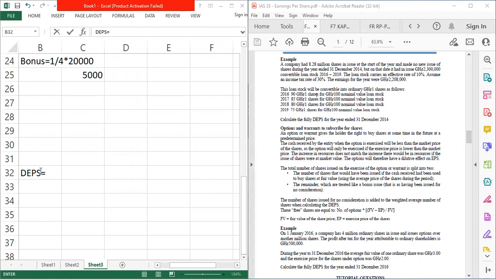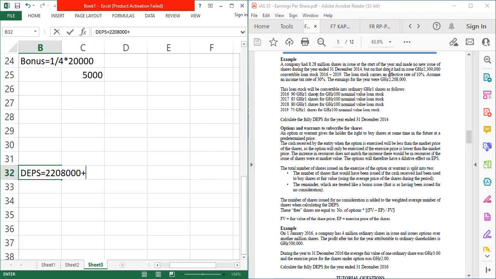Okay. How do we calculate earnings per share? It is the earnings for the year, isn't it? Earnings for the year, which is 2,208,000. Then since this will be converted, we are going to have some interest savings. So the interest savings over here, we have to calculate the interest.